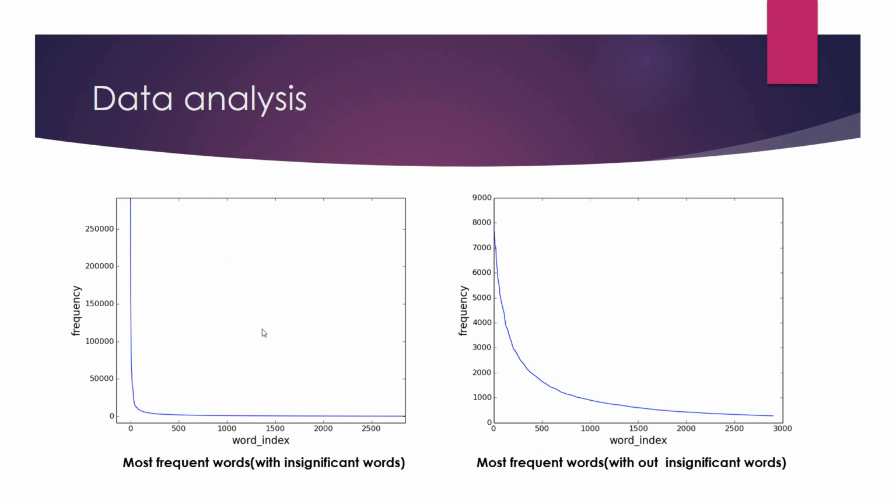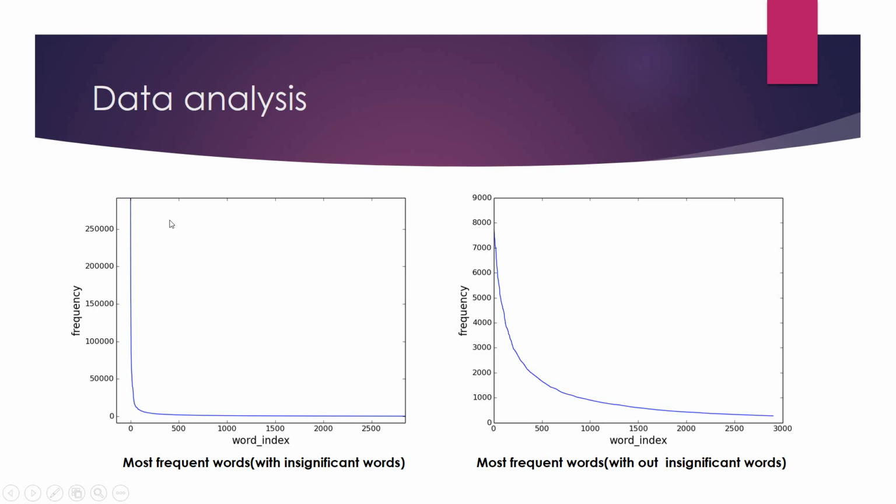Basically, some analysis is performed on the data by visualizing it. We can see that these 3000 words are the most frequent words in all the emails, and the most frequent word has a frequency of around 250,000, which is very huge.